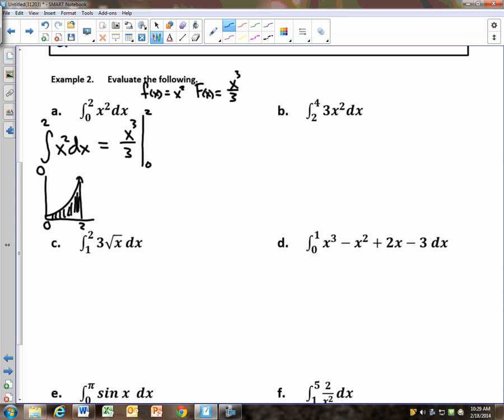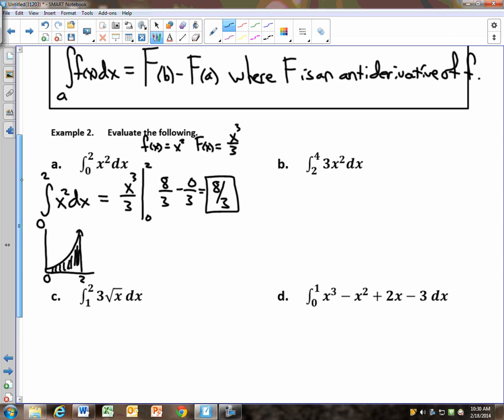So I plug in 2, what's 2 to the third? 8 over 3 minus 0 over 3 is 8/3. No more infinite number of rectangles. So I plugged in 2 and I got 8/3 minus 0. Because the fundamental theorem says you have to do F of b minus F of a.